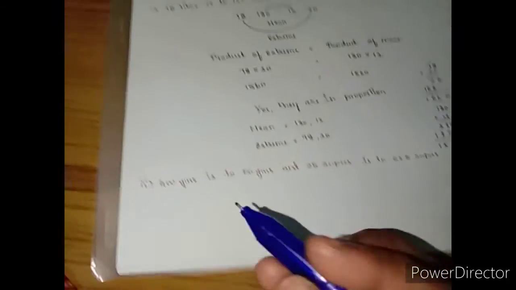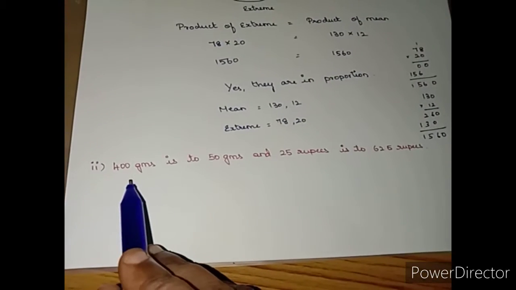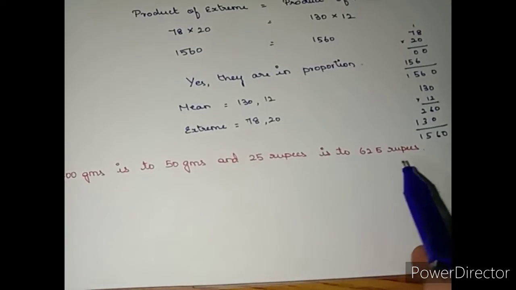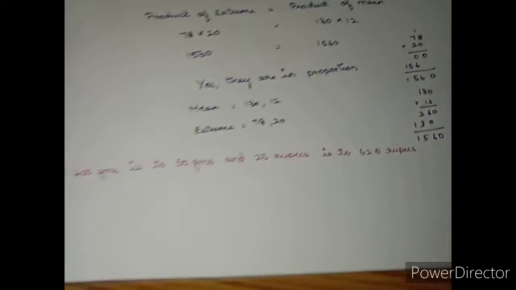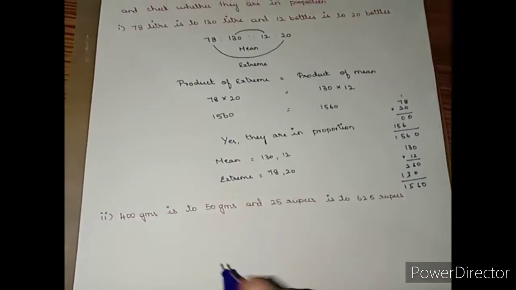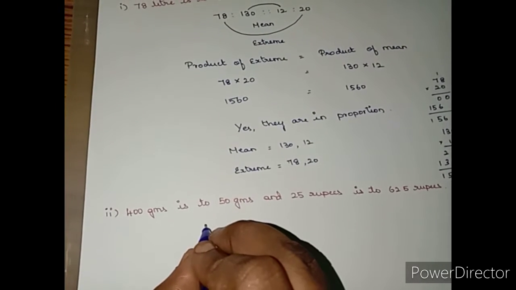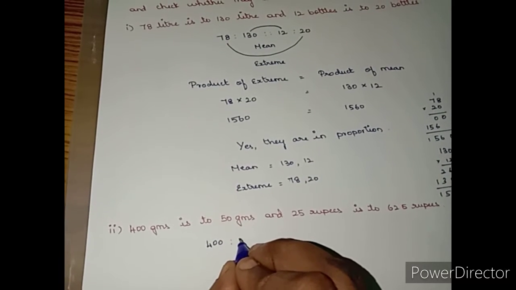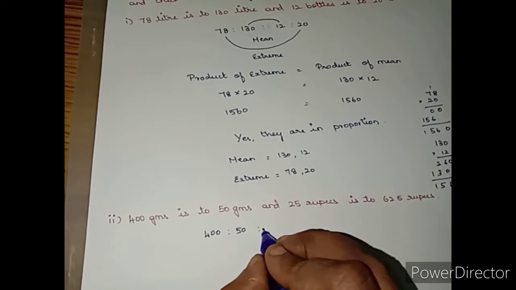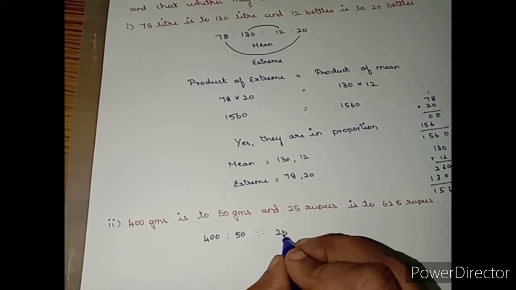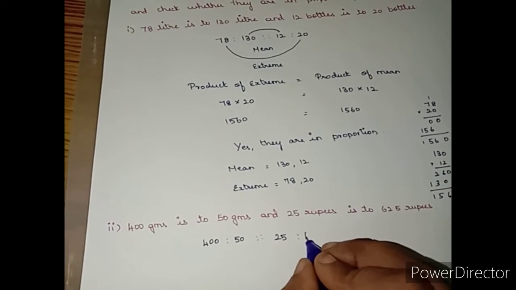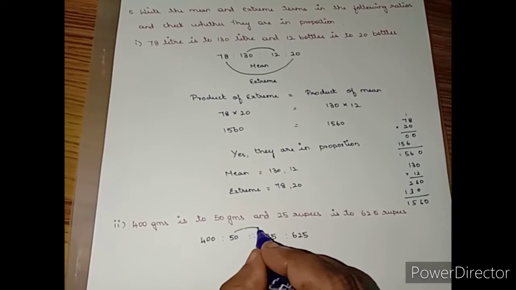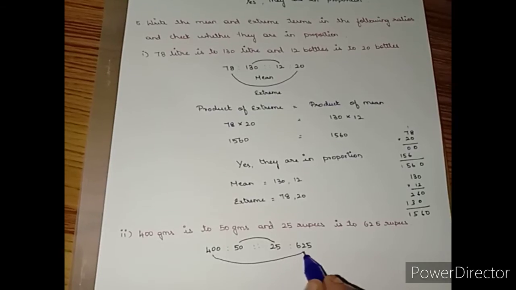Yes, see the next question. 400 grams is to 50 grams and 25 rupees is to 625 rupees. So what is the first step? I have to write it in ratio. So 400 is to 50 is proportional to 25 is to 625. So again, mean, extreme.